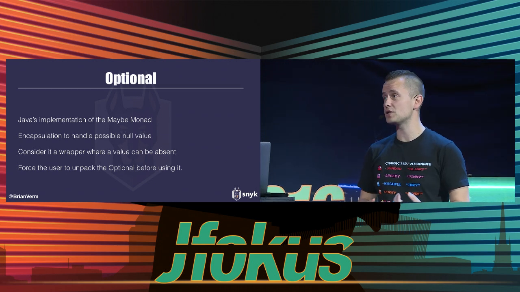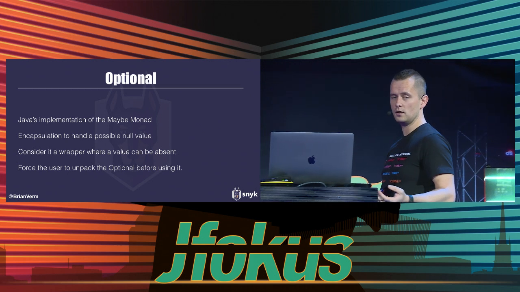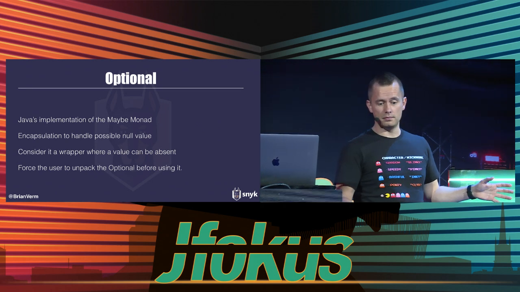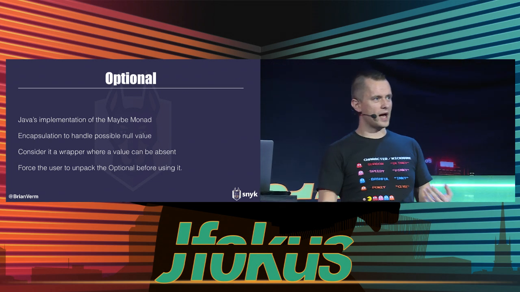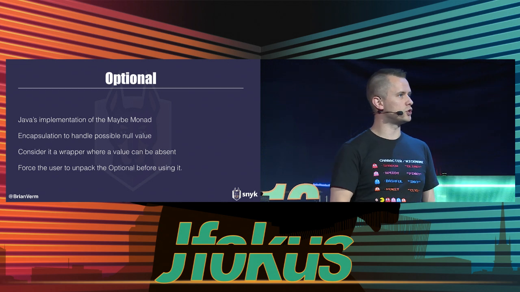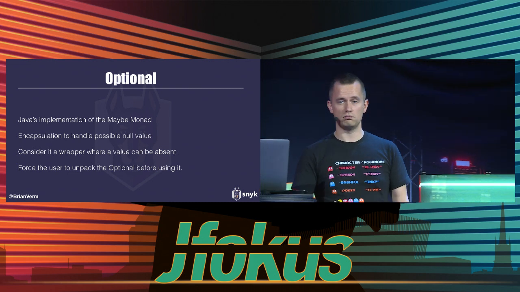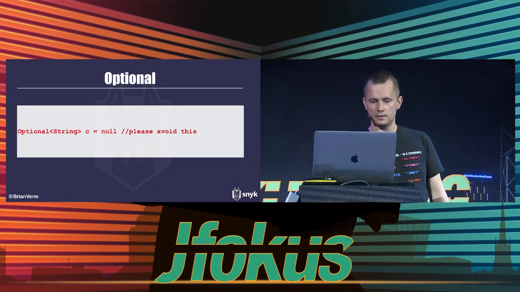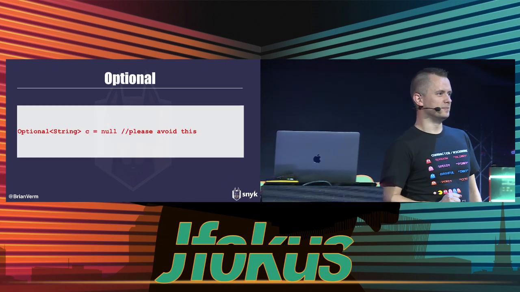In this case, the possibility that the value will be null. So in Java, we can consider it as a wrapper. And why do we have this? So we can give a message to our user that he has to unpack the optional first before using it, and to prevent null pointers in that case. All right? But this is possible.